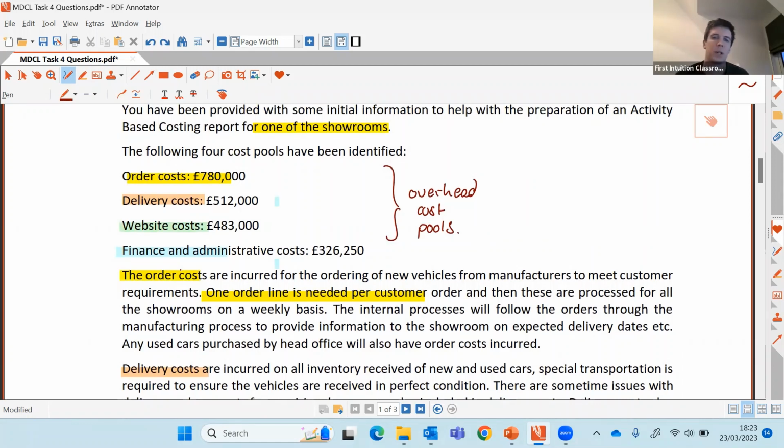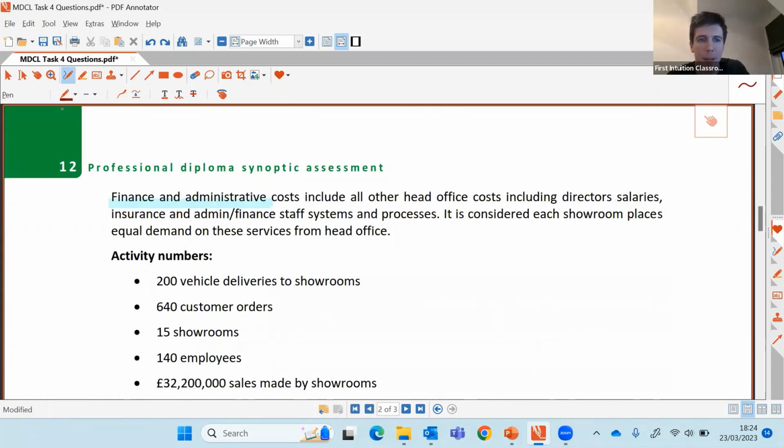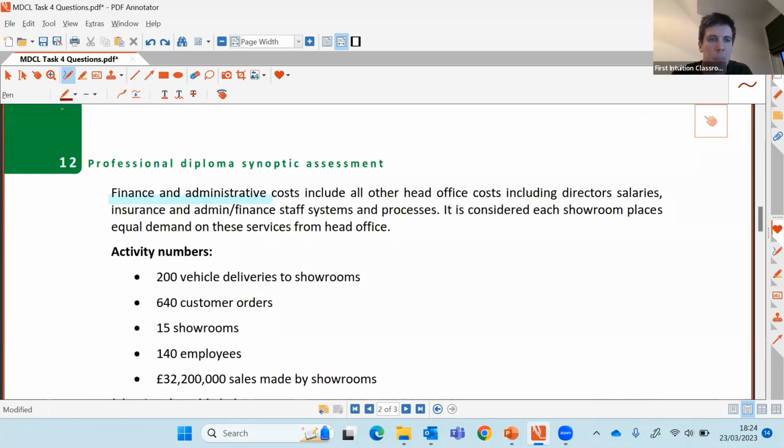You know, what's pushed that cost up, the true cost driver? We're now fairly confident, looking at that paragraph, that it's got something to do with the orders. The orders drive the ordering costs, unsurprisingly. So let's just deal with this one first, so we can get into the motions of it, rather than worrying about them all at once. So I'm going to come back to all of this in a minute.